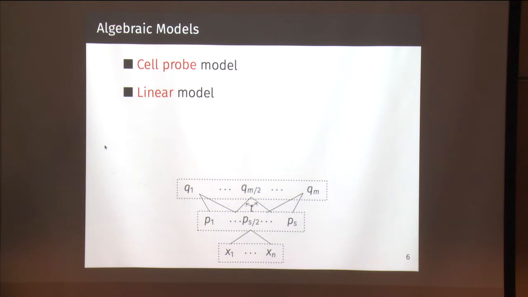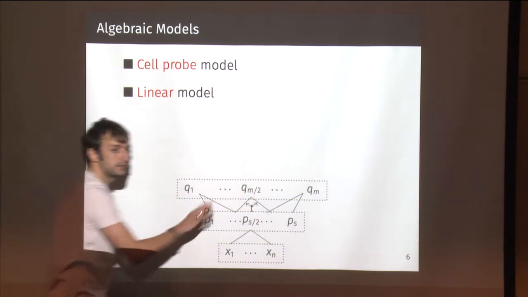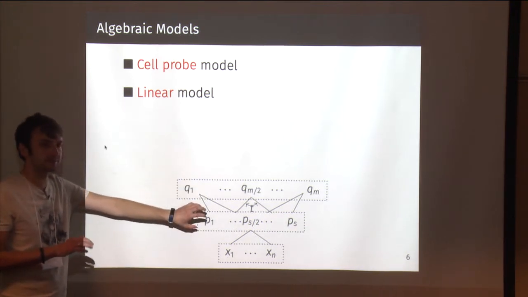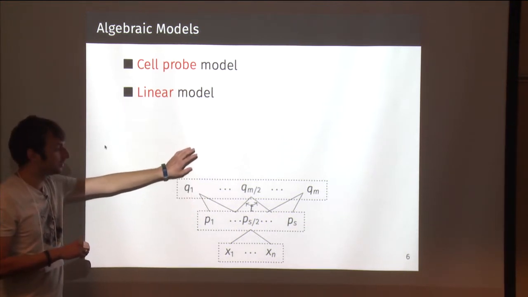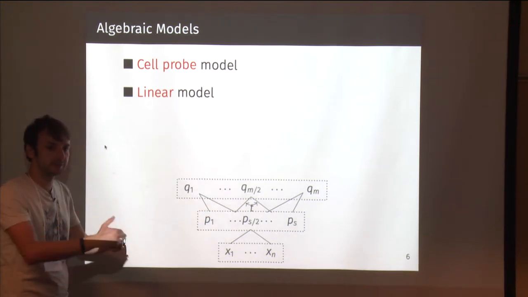Okay, does the linear model make sense? The linear model means the P's are linear and the Q's are linear. That's an excellent question. So let's define it the following way. Here everything is linear. Here everything is linear. But without loss of generality, you can assume one of these layers is not linear. For a linear problem, if one of these two layers is linear, the other one is not, you can linearize the remaining one.